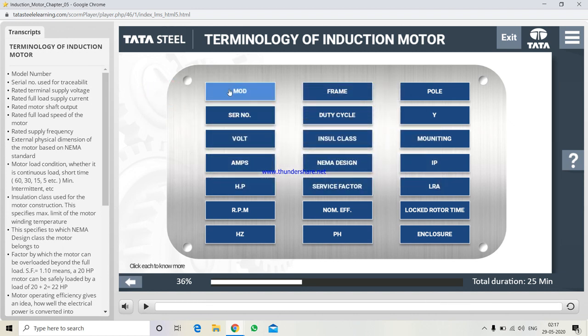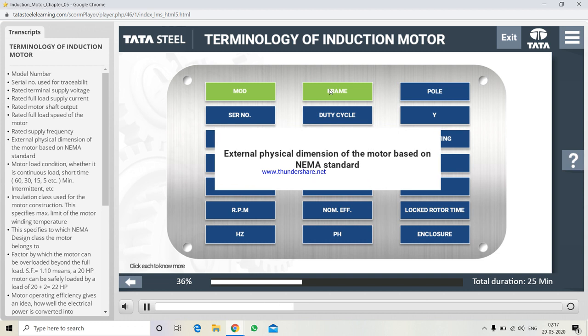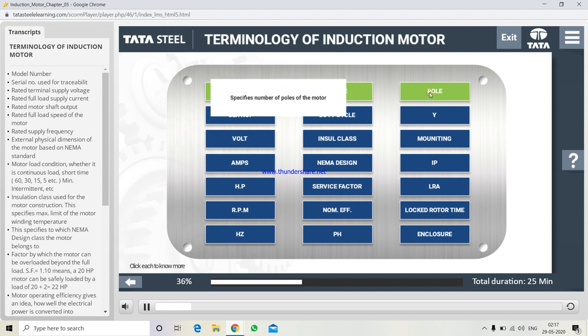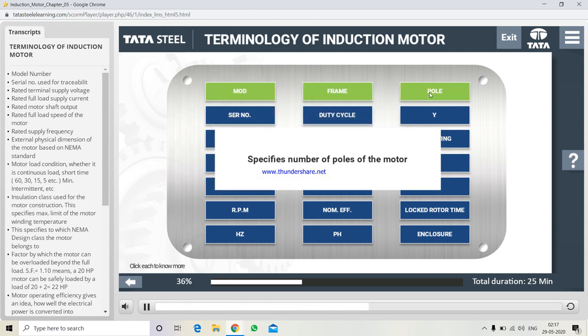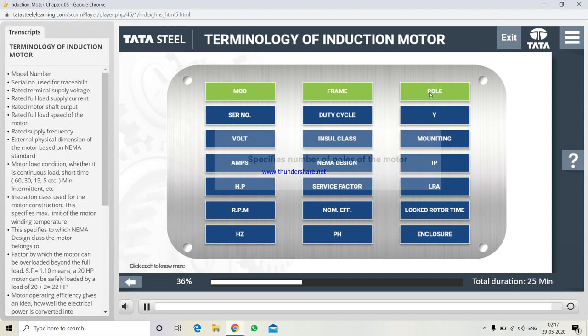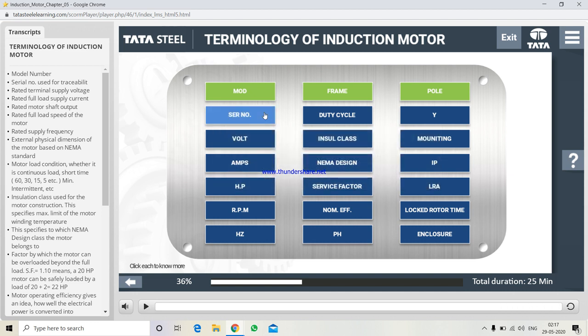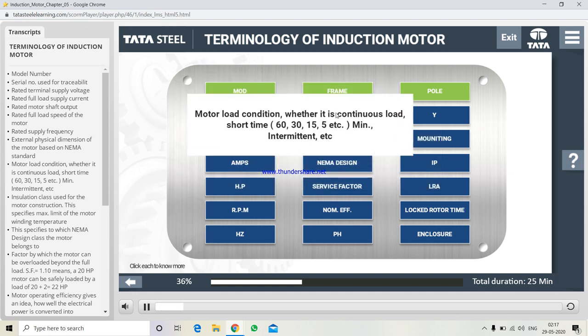Model number. External physical dimension of the motor based on NEMA standard. Specifies number of poles of the motor. Serial number used for traceability.